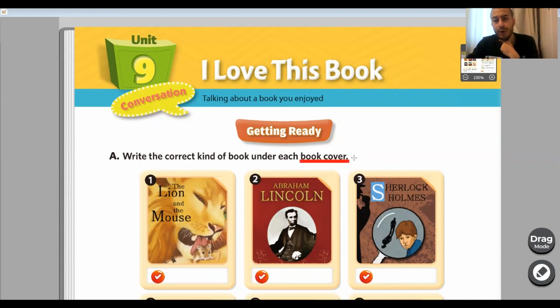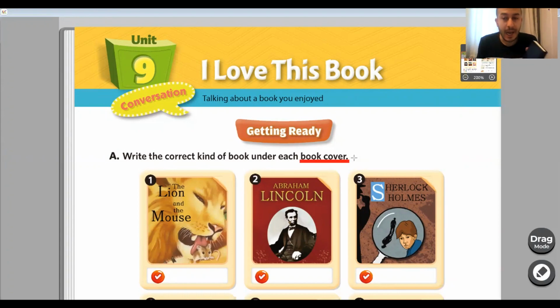What is a book cover? A book cover is a protective covering that binds the pages all together. So this is the book cover. It protects the pages of the book. But the main purpose of a book cover is that it conveys the theme or the purpose of the book.